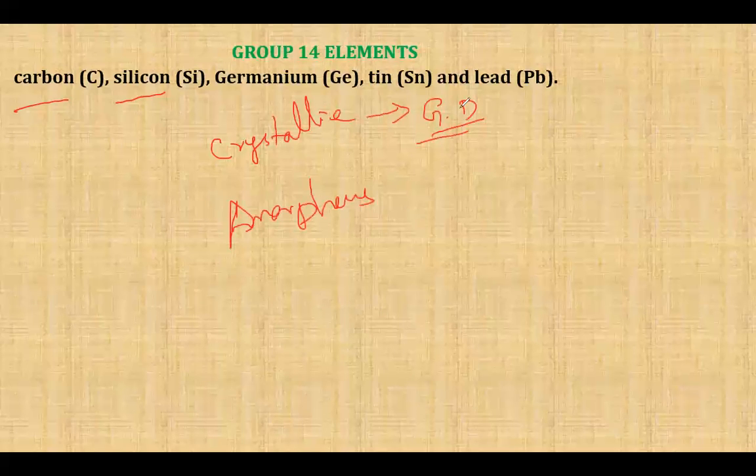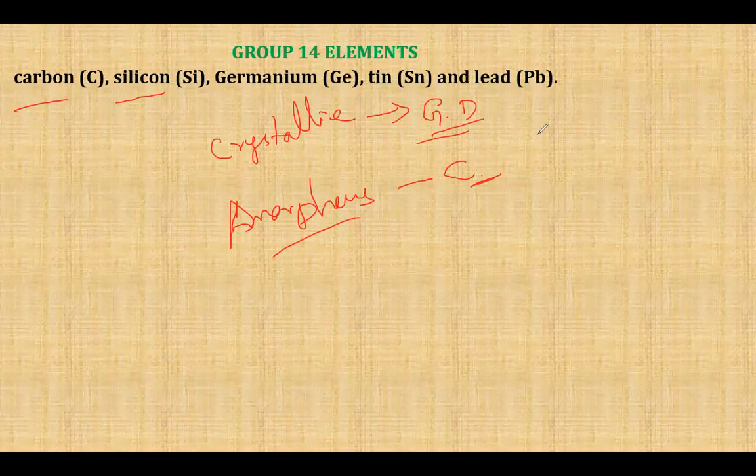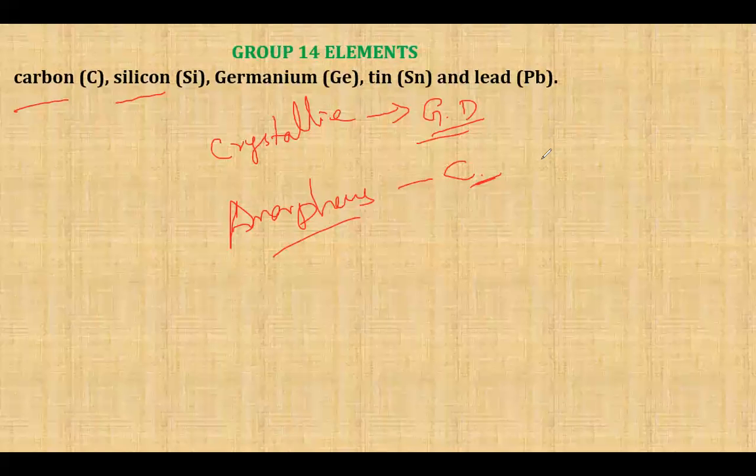In the amorphous form, there are different forms of carbon: coal, charcoal, coke, etc.